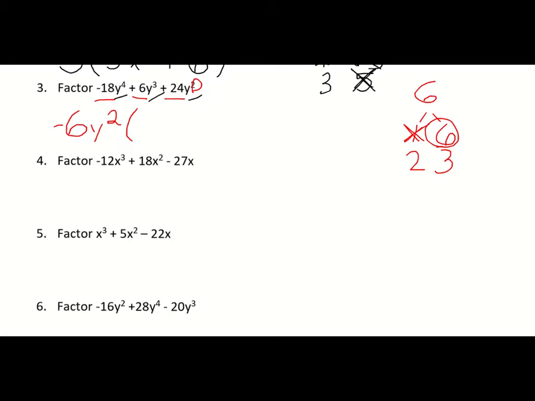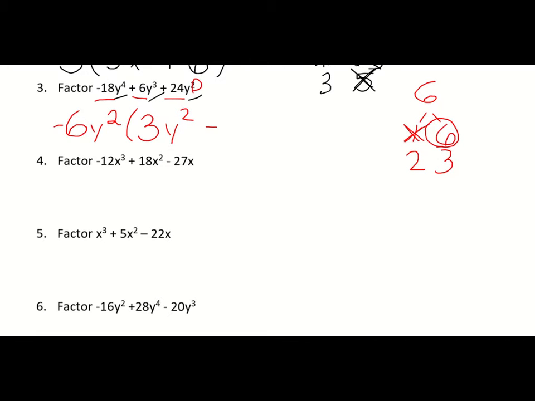And now I'm going to divide everything by that and write what's left in parentheses. So negative 18 divided by negative 6 would be 3. Y to the fourth, but I already took 2, would leave me with y squared. 6 divided by negative 6 would be minus 1.